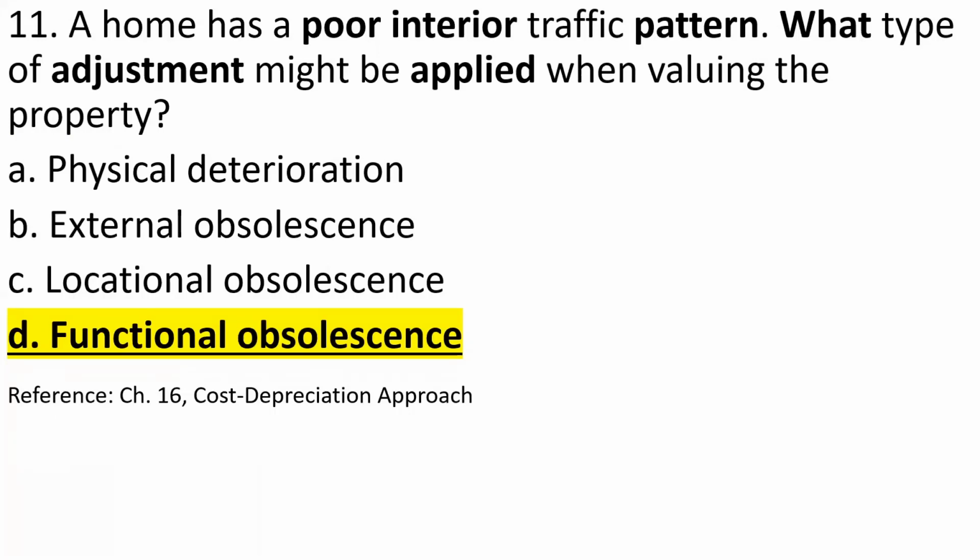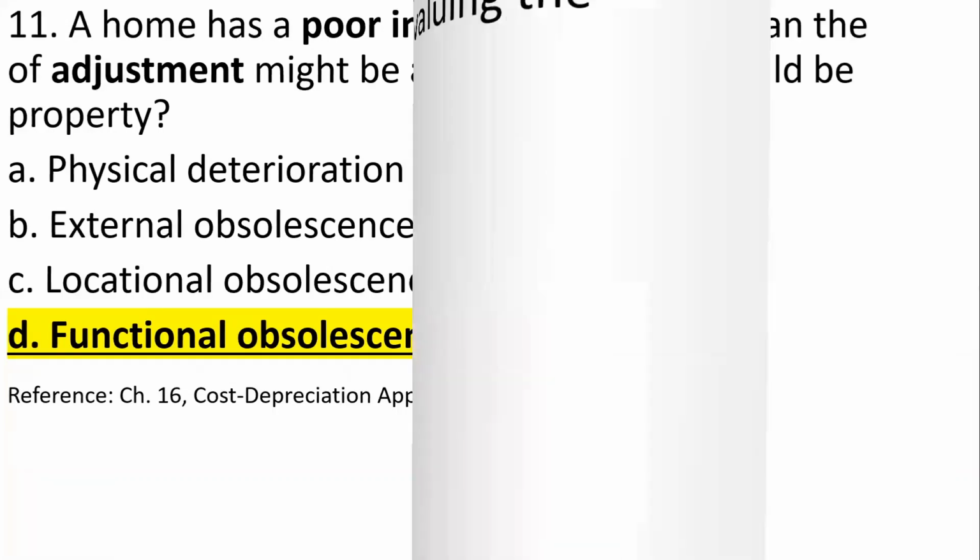And like I said several times, you've heard me say this quite often, the question itself will imply or provide you enough clues to get you to the answer. In fact, they will give you the answer in the fact pattern. Poor interior pattern applies functional obsolescence.